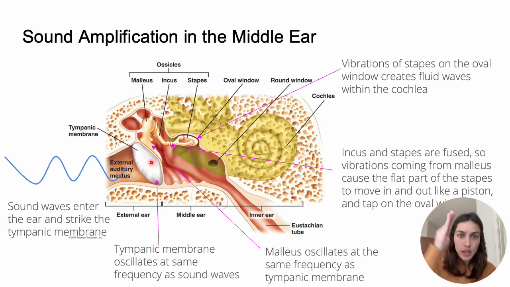As that tympanic membrane is moving, it has the first ossicle, the malleus, attached to it, which is also attached to the incus, and then they're going to start vibrating at the same frequency as the sound was coming in and vibrating the tympanic membrane.